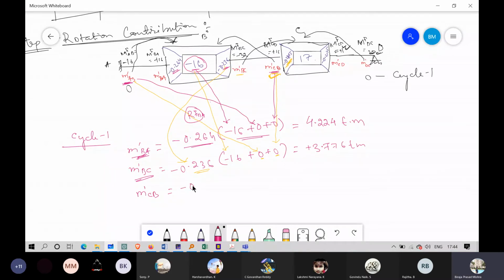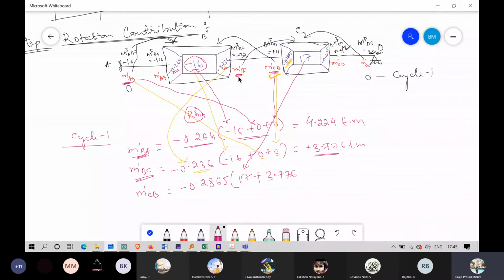So minus 0.2865 into this value over here, 17. Then M bar BC, did we calculate it? Yes, it is 3.776. This one we will put here, 3.776.